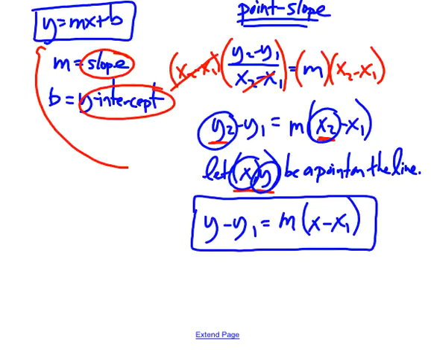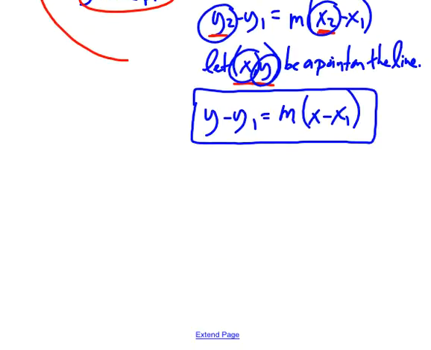The basic idea here is that we have the slope, this is the slope m, the same slope we use in the other equation, and x1, y1 is a point on the line.